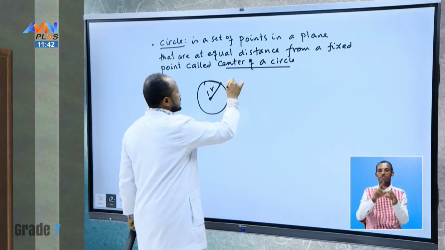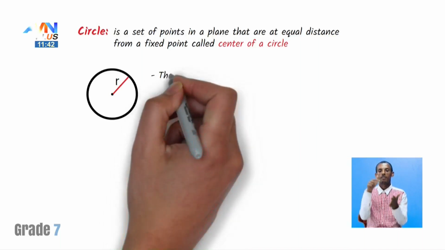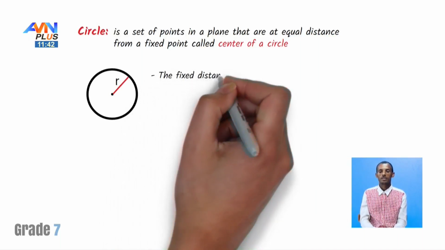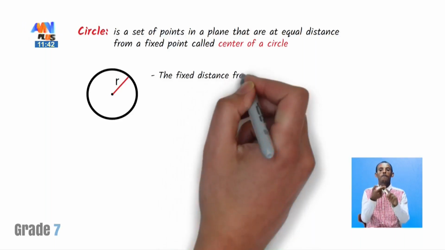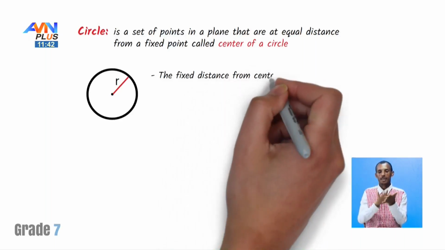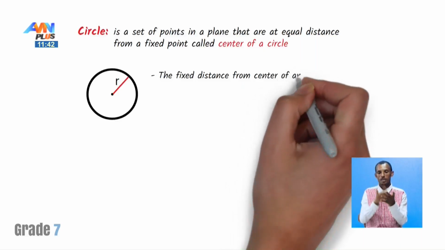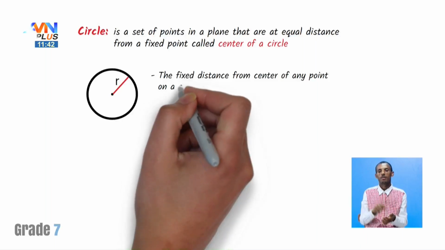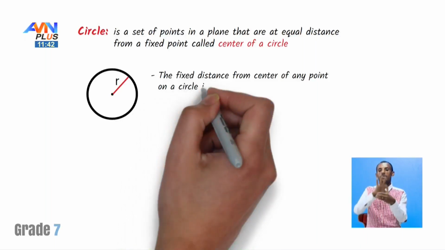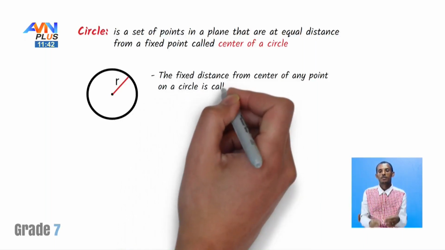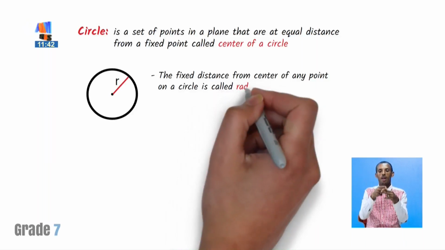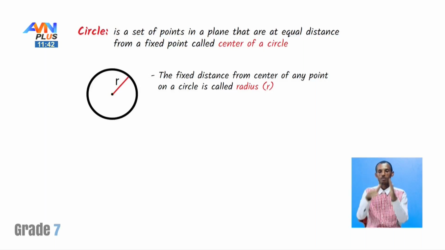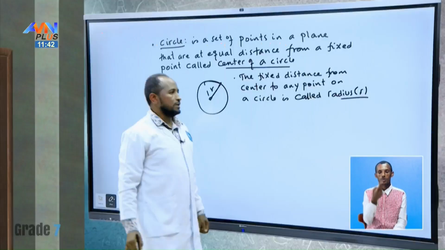The fixed distance from center to any point on a circle is called radius. Symbolically, we use small letter r to indicate radius.